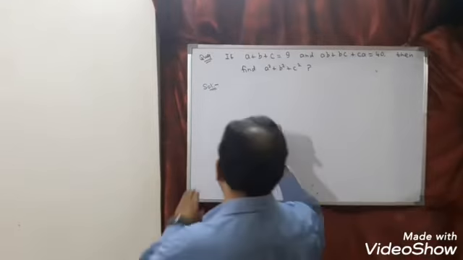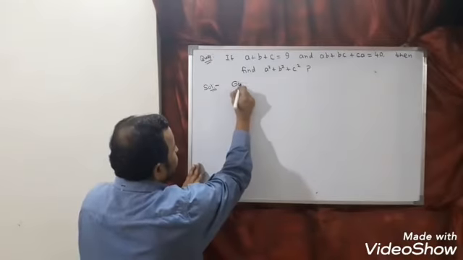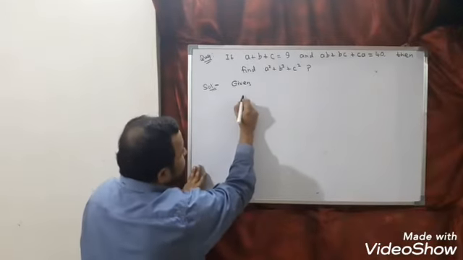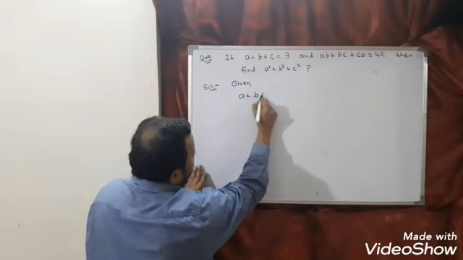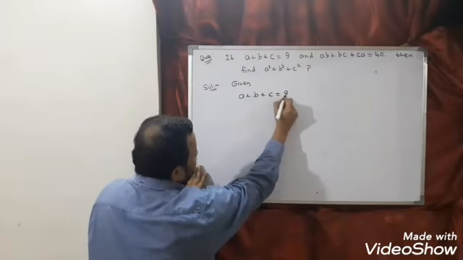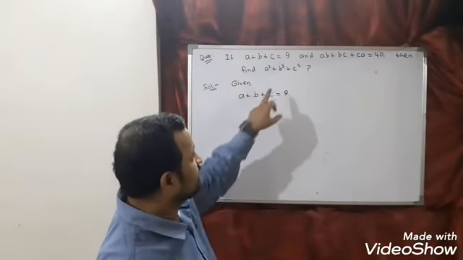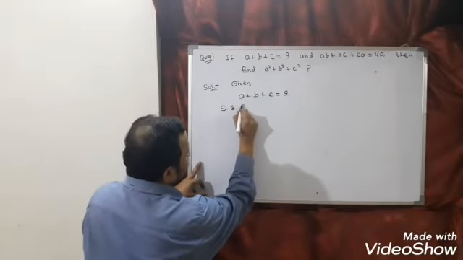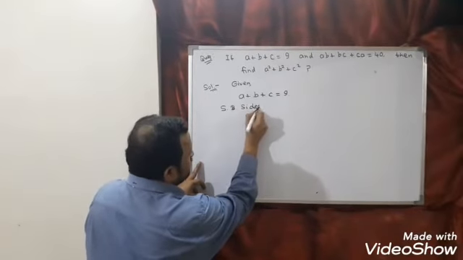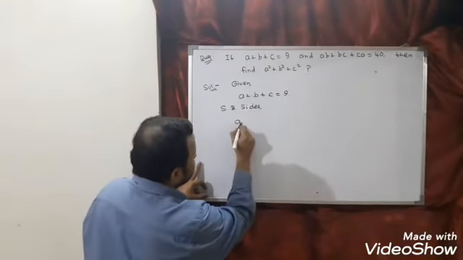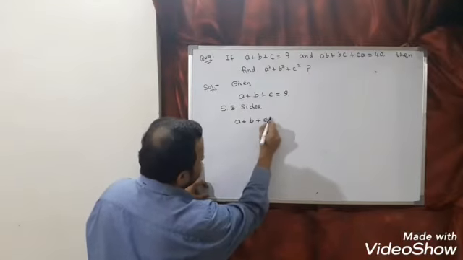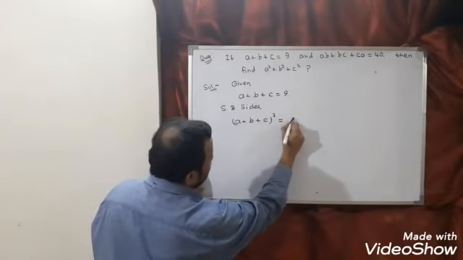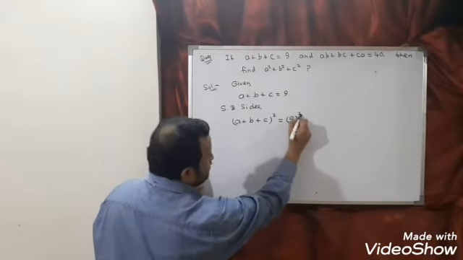What is given here is a plus b plus c is equal to 9. Now to get a term like this, I have to do squaring. So squaring both sides, we get a plus b plus c whole square is equal to 9 square.